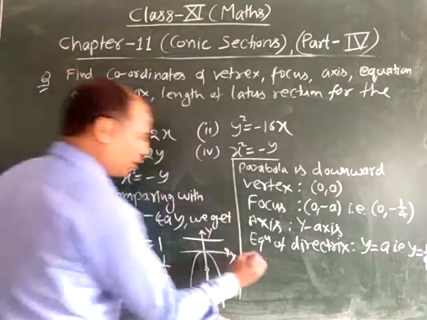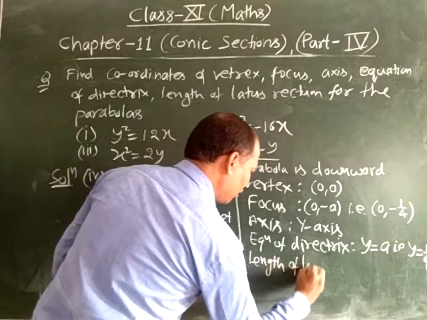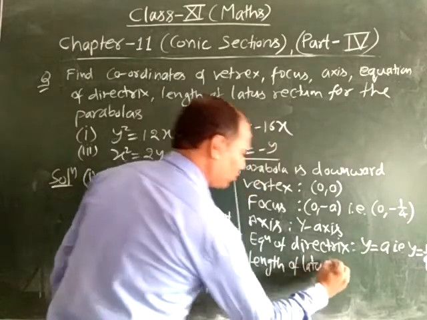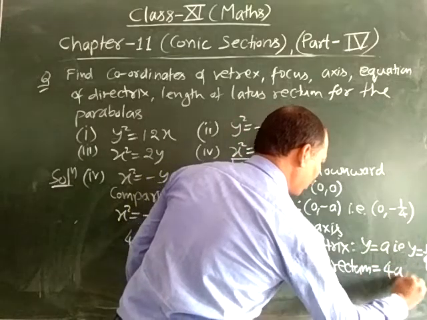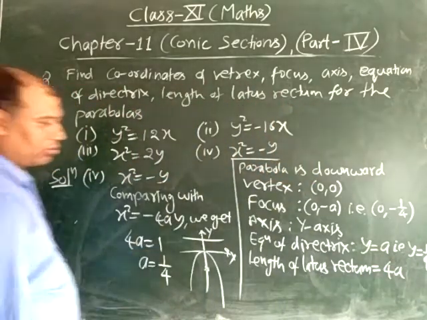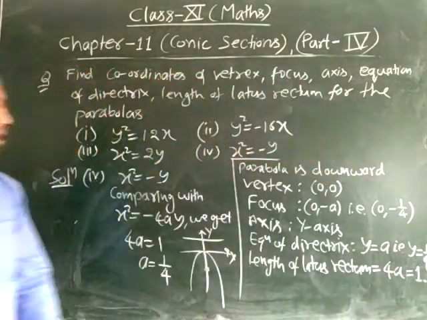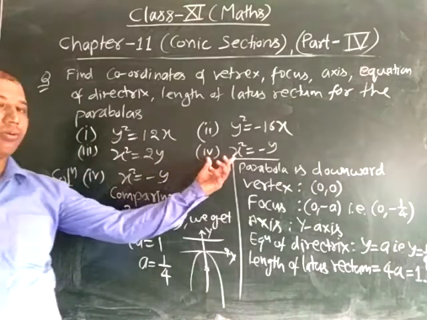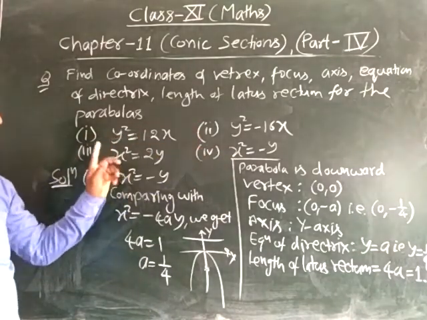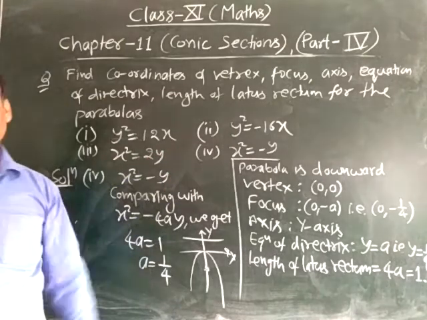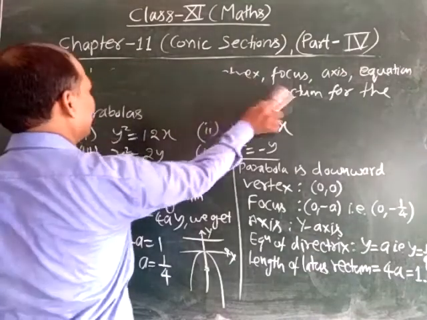And last one is the length of latus rectum, which is equal to 4a, and the value of 4a is equal to 1. So these are the required information for this parabola. You can practice the first, second and third parabola in the same way. It is clear, students?